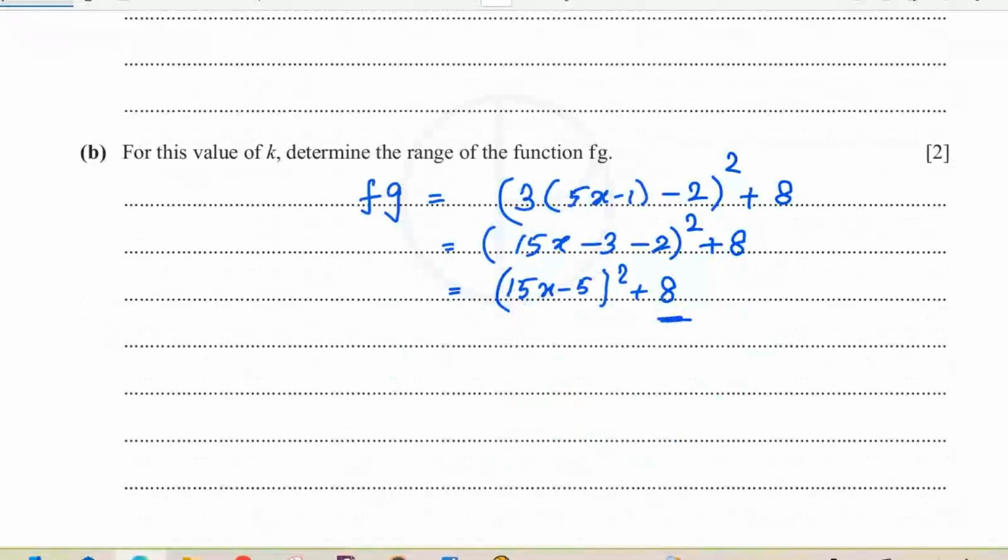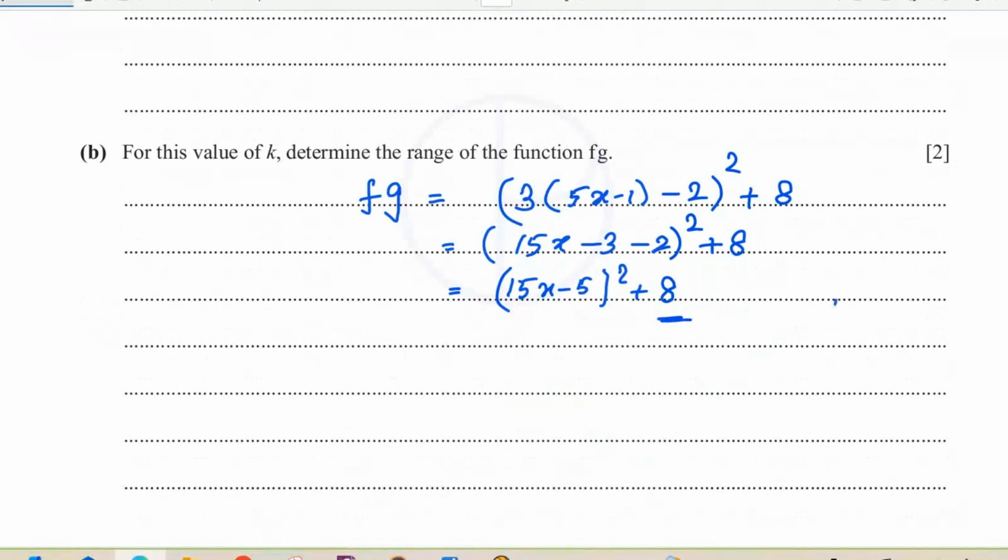So the range is 8 actually. If you expand this expression and find the coefficient of x squared, if the coefficient of x squared is positive, then the range of fg will be greater than or equal to 8. If the coefficient of x squared is negative, then the range will be less than or equal to 8.